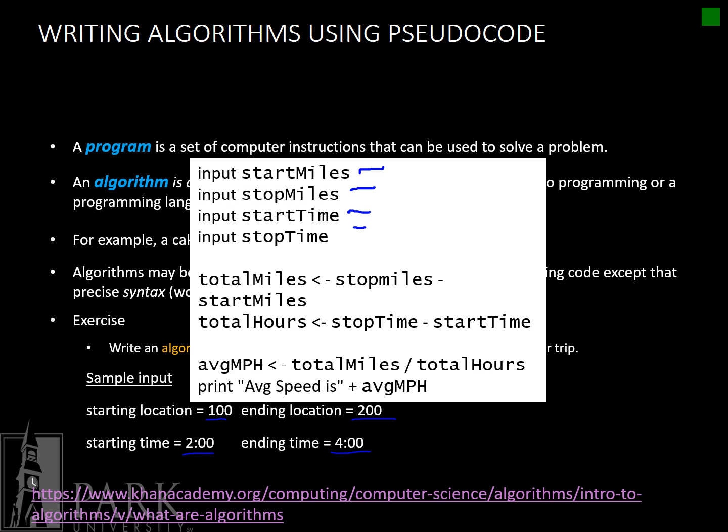And then our total hours is going to be similar. It's going to be our stop time minus our start time, right? And then our average miles per hour is going to be our total miles divided by our total hours. And that's what our average speed is. So this right here isn't any actual coding language. This is just pseudocode. This is just writing. This is a series of steps that we're going to take to solve this problem.